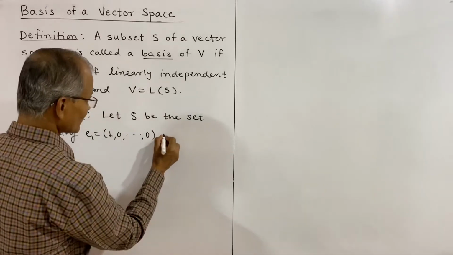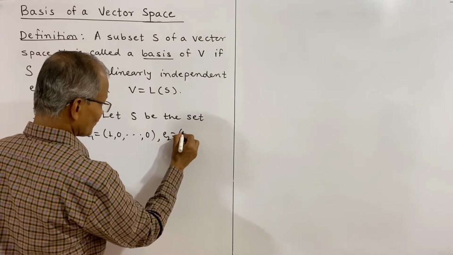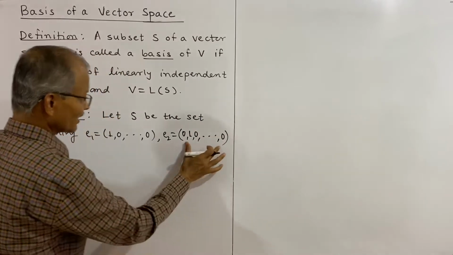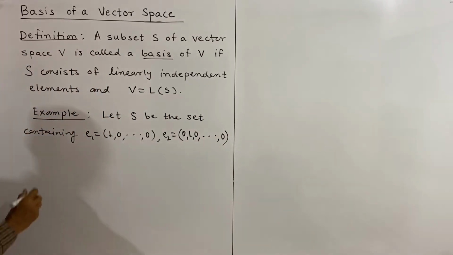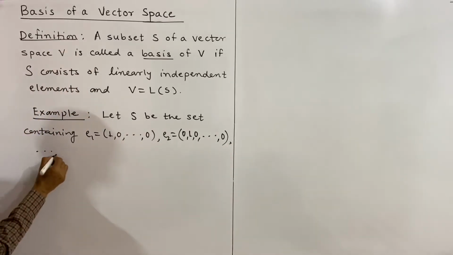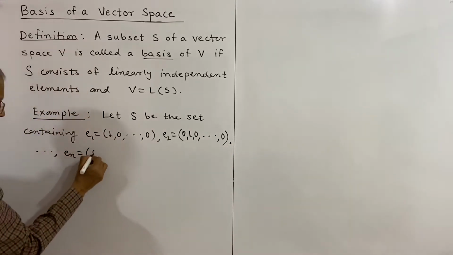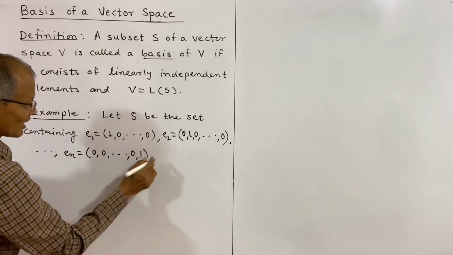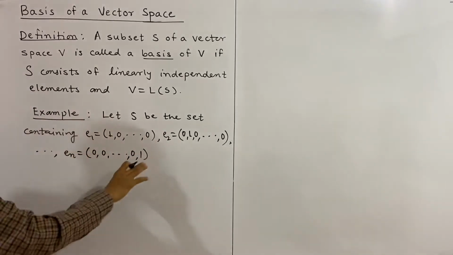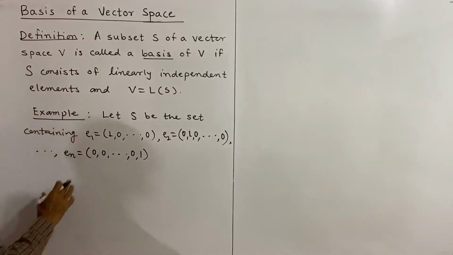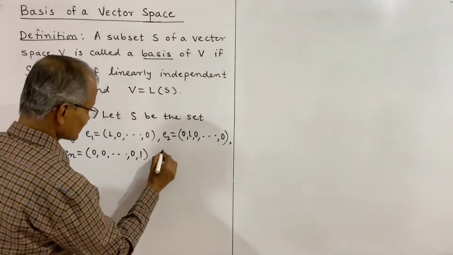E2 is 0, 1, the second element is 1, the remaining elements are 0, and these are n elements total, and so on. En will have all elements 0 except the last one, and each will contain exactly n elements. Let S be the set containing these elements in the vector space.